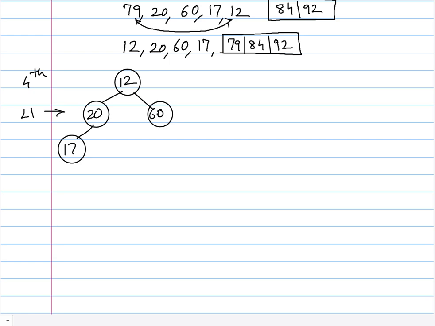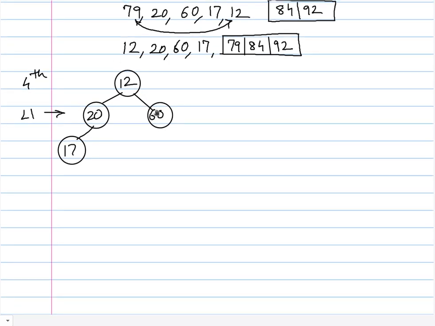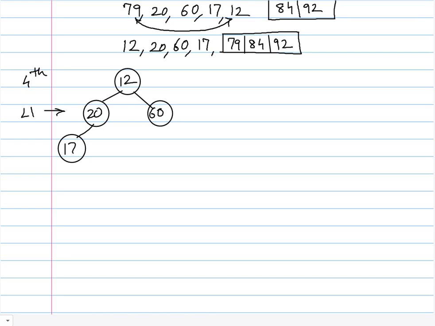So higher one is 60. 60 is greater than 12, so we will swap it. So after swapping, the max heap will have at the root 60, to the left 20, to the right 12, and the last element, that is 17.